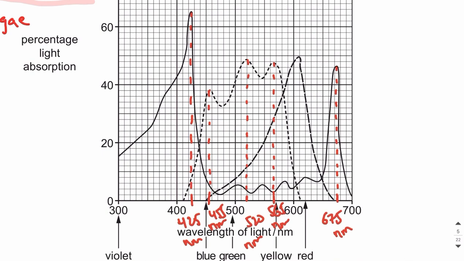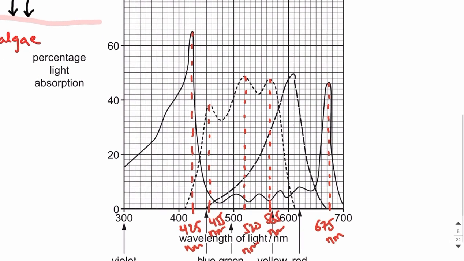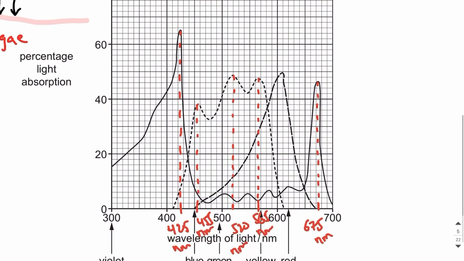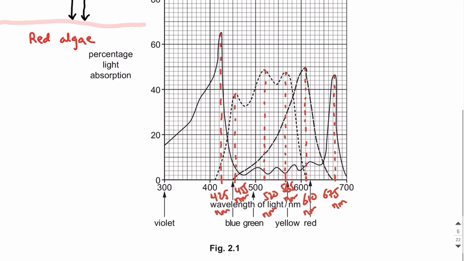If we talk about phycocyanin, phycocyanin has high percentage absorbance at 610 nanometers, right? All right. So let's mention these values because this is how we describe the absorption spectra. We basically identify the wavelengths for high absorbance by different pigments.